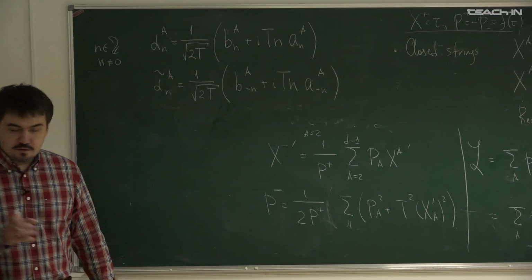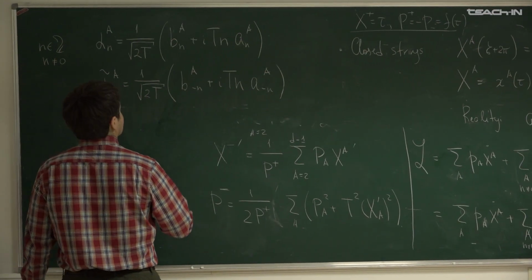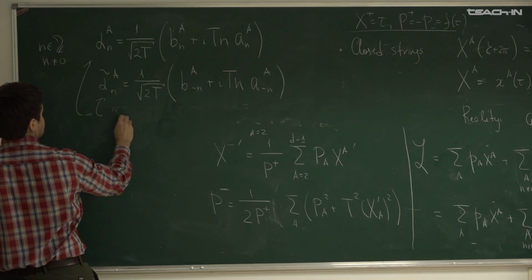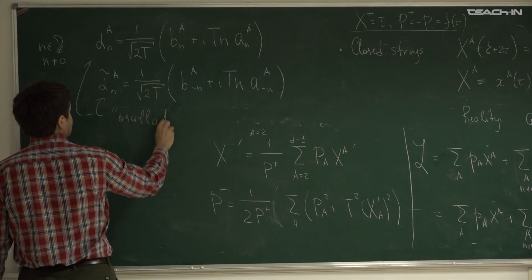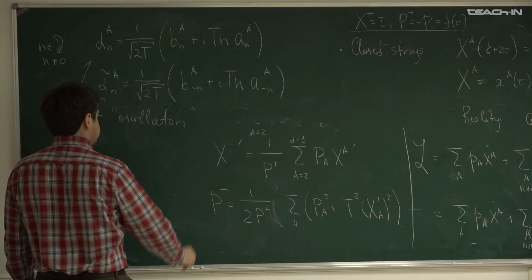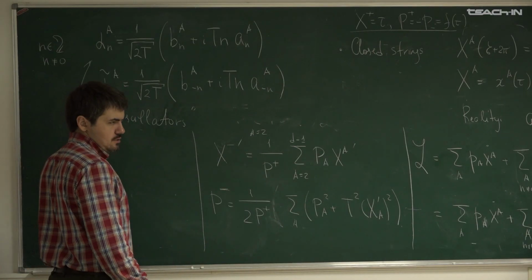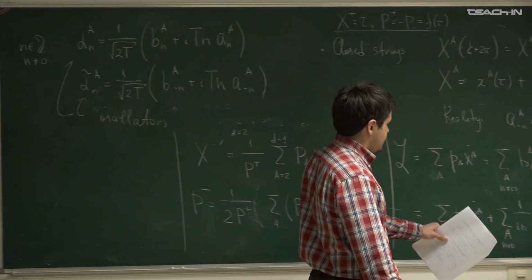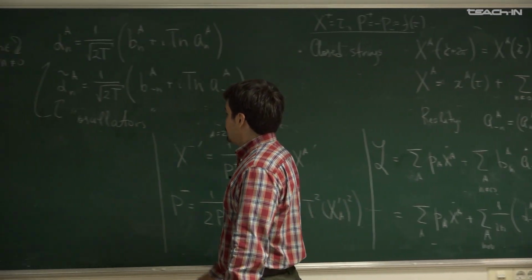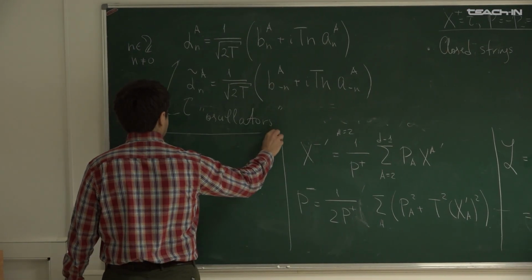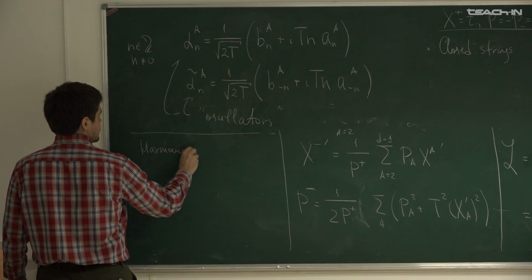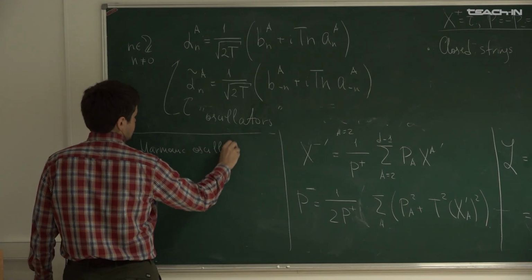And this alpha and alpha tilde are called oscillators, because the Hamiltonian is literally the Hamiltonian of a harmonic oscillator, right? So I hope you know that the Hamiltonian of a harmonic oscillator can be written as, I mean, even the Lagrangian.